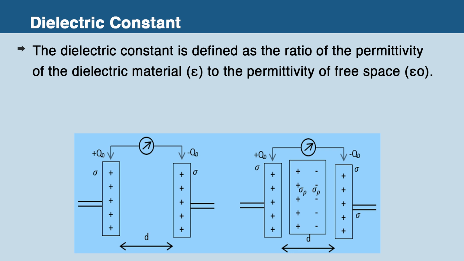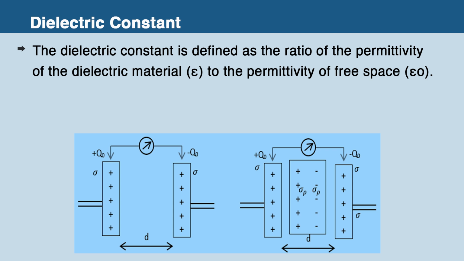Actually, dielectric is characterized by its dielectric constant epsilon r, which is also called relative permittivity. The basic electrical phenomena that occur in dielectric material can be understood if we consider a solid dielectric located in the region between the plates of a parallel plate capacitor.